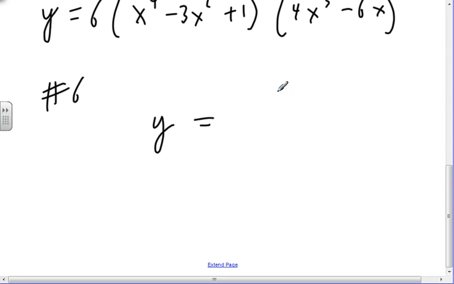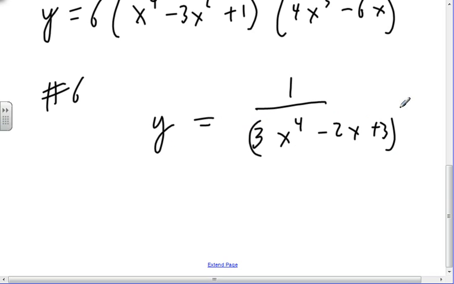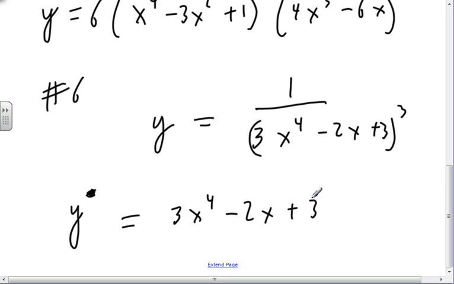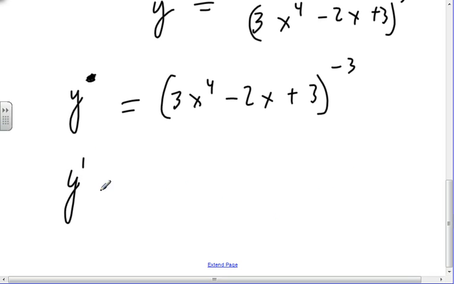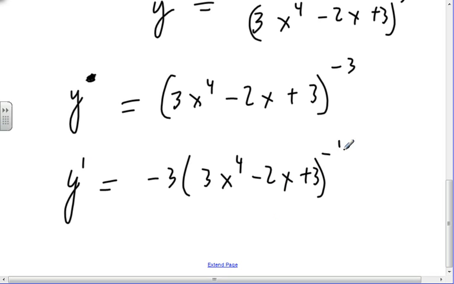y is equal to 1 over 3x to the 4th minus 2x plus 3 cubed. I would never work that problem. I would work a different problem. I would work 3x to the 4th minus 2x plus 3 to the minus 3. That would be the problem that I would work. And I would say y prime is equal to minus 3 times 3x to the 4th minus 2x plus 3 to the minus 4 times 12x cubed minus 2.